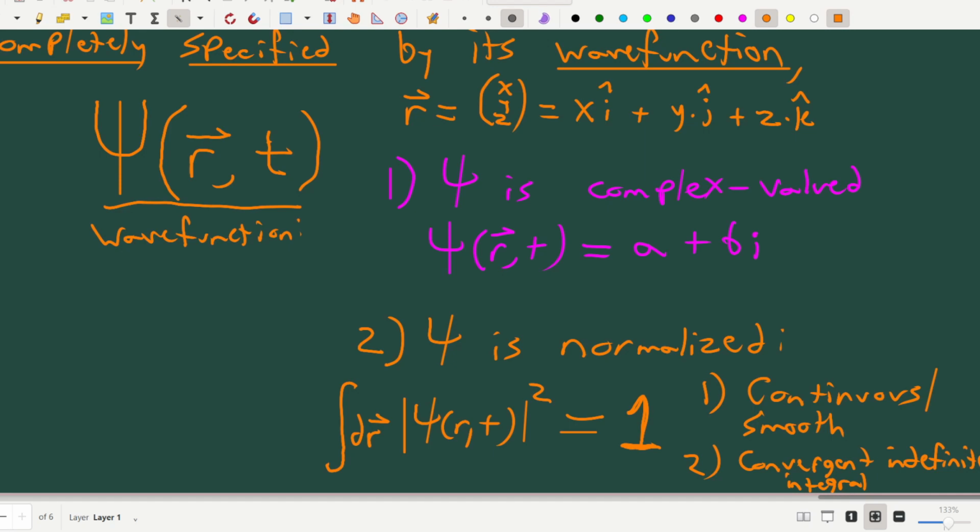Well, it's bx plus c squared, which is b squared x squared plus 2cbx plus c squared, something like that. And if I integrate this function from negative infinity to infinity, that's all space, it diverges, right, because the integral of an x squared function is infinite. So a wave function can't be a line.